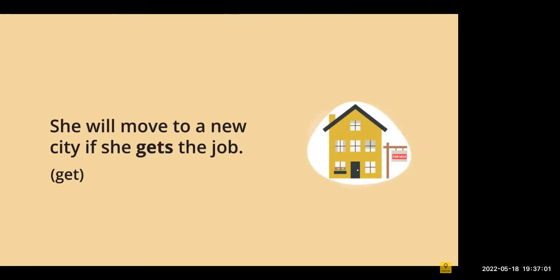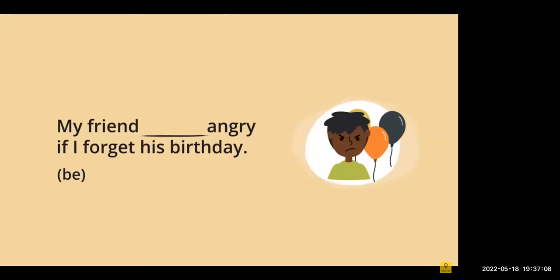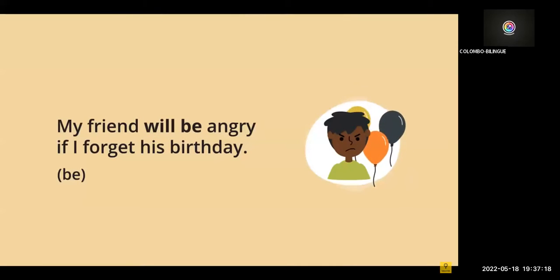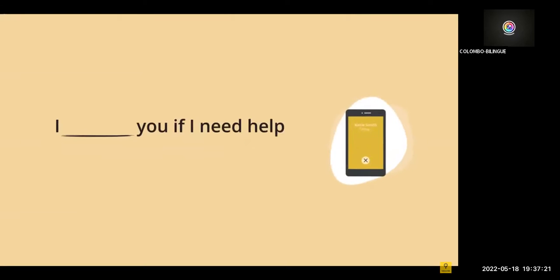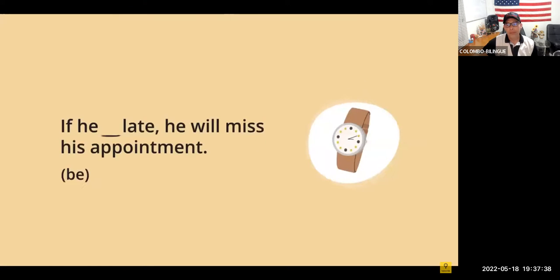She will move to a new city if she gets the job. My friend will be angry if I forget his birthday. I will call you if I need help with my homework. If he is late, he will miss his appointment.